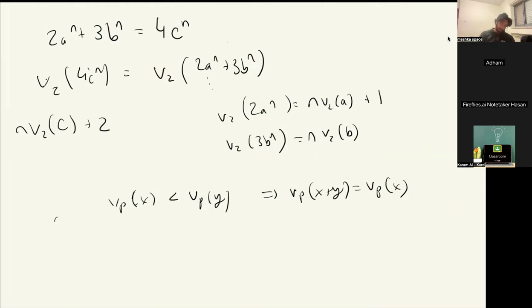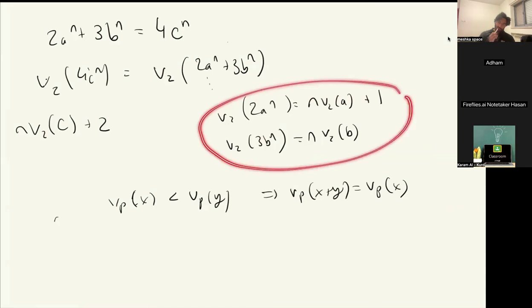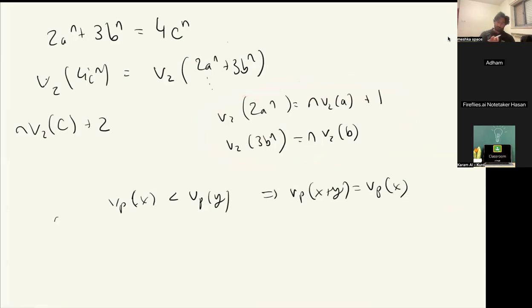So if I apply that here, we can't assume that one's bigger than the other. Well, we don't know which one is bigger, but can they be equal is the question. Can these two valuations be equal? Why not? Because we have n on both sides.